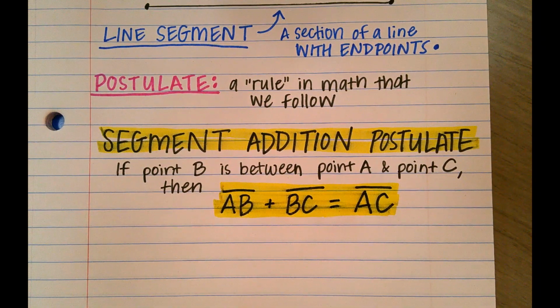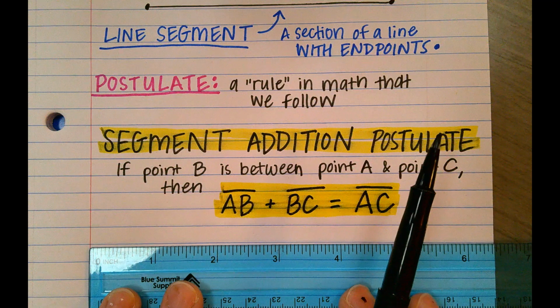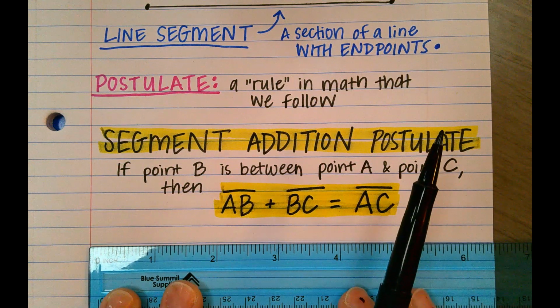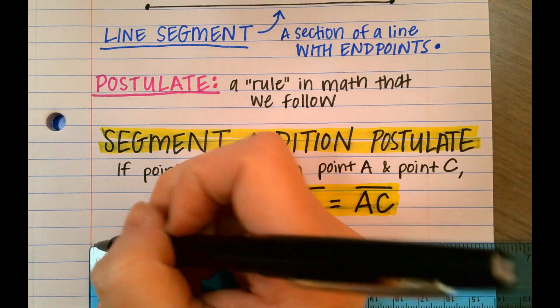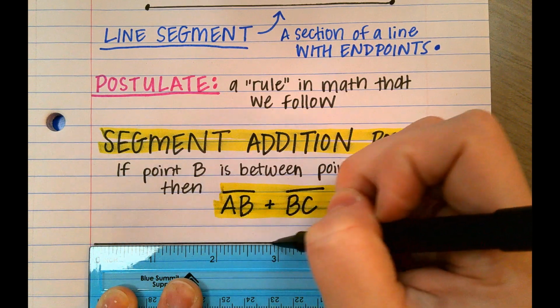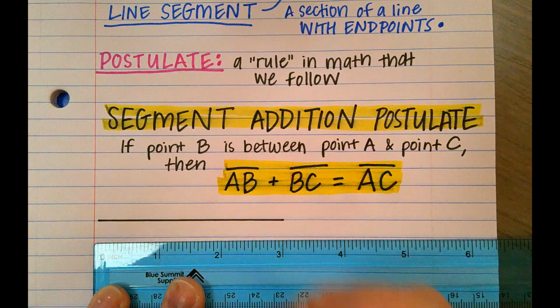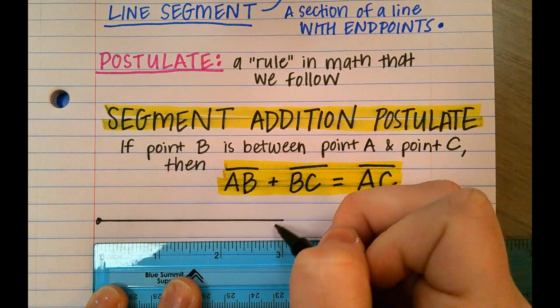I'm going to draw a little picture to explain. So I'm going to draw a line segment again, and I'm going to make that segment about 3 inches long, roughly. I will put points on the end.